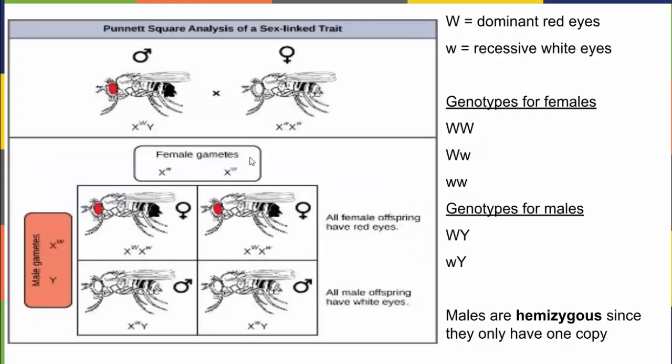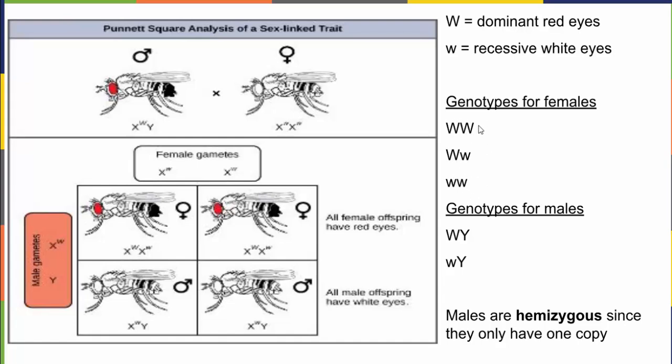If we look at this square here, let's say that big W are the dominant red eyes, little w are the recessive white eyes. Females, remember, because females are diploid, they could either be big W, big W, big W, little w, or little w, little w.